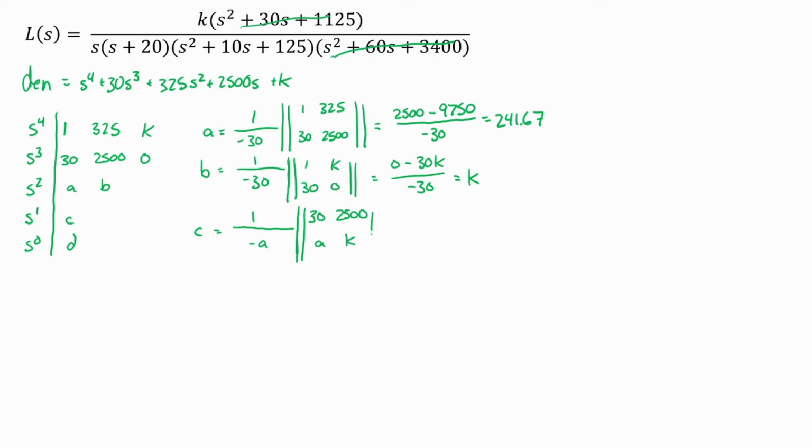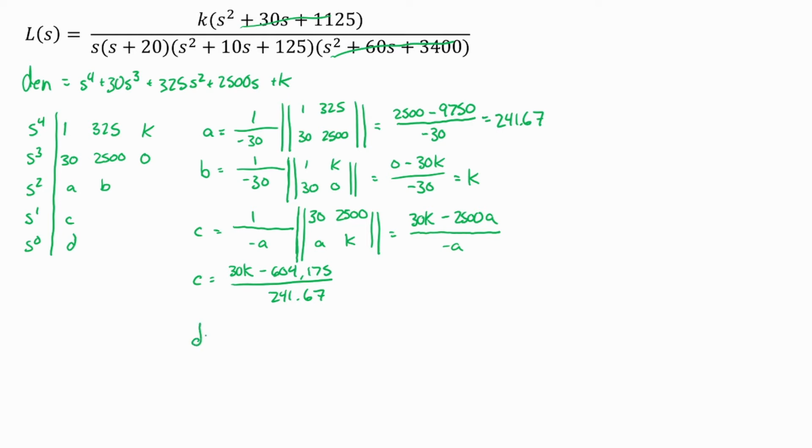It's equal to 30k minus 2500a all over negative a. If we evaluate this, subbing in the value of a, we get the following. We have c is equal to 30k minus 604,175 all over 241.67.